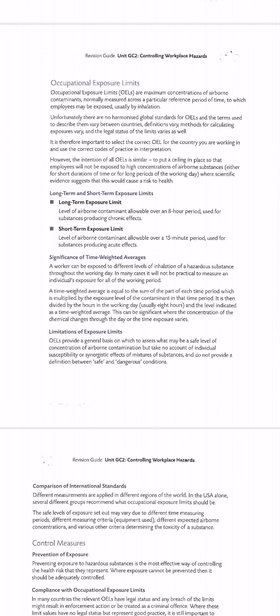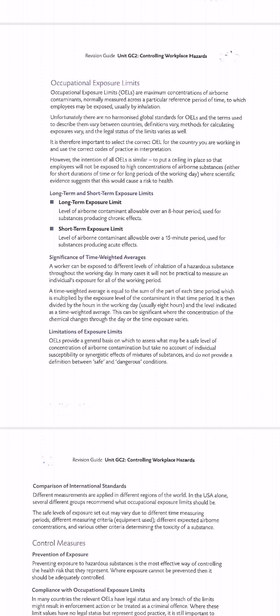Then, the significance of the time weighted average. A worker can be exposed to different levels of inhalation, that is inhaling hazardous, dangerous substances, through the working day. In many cases, it will not be practical to measure an individual's exposure for the whole working period.